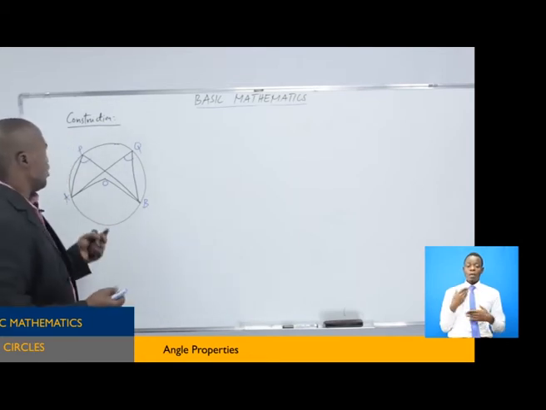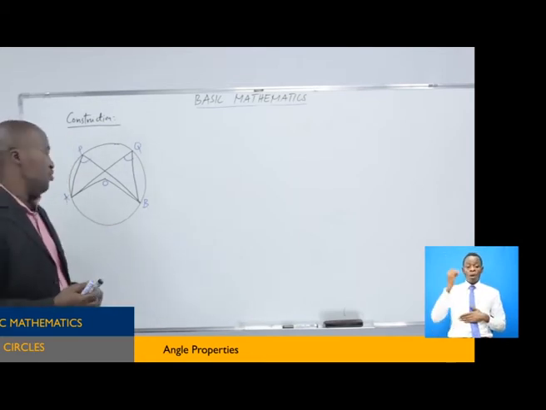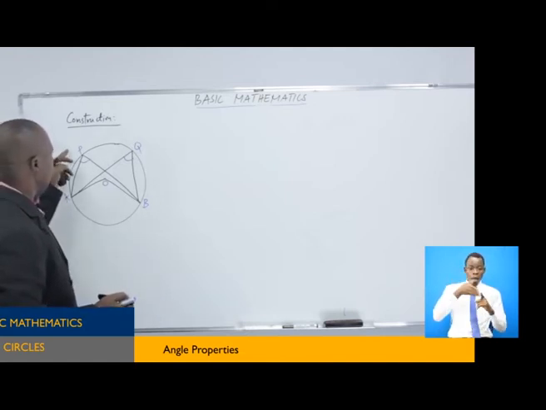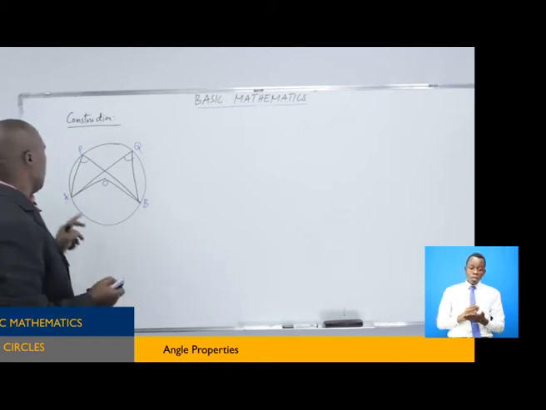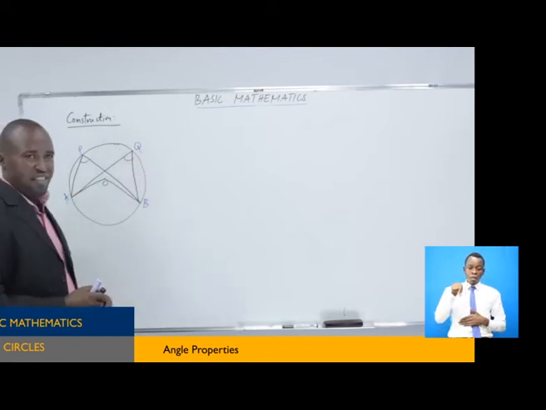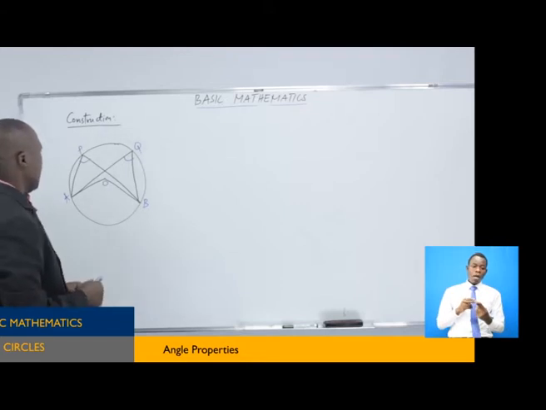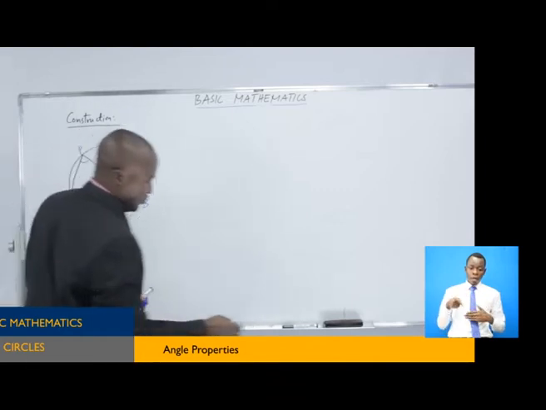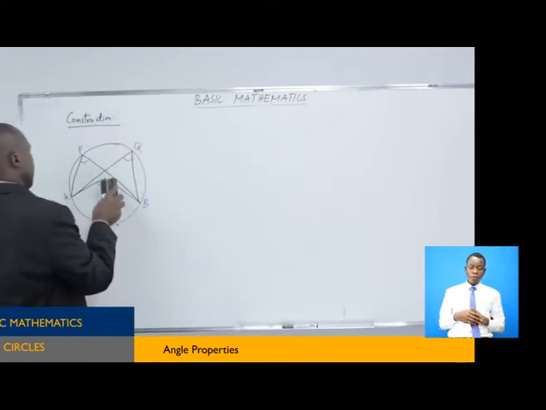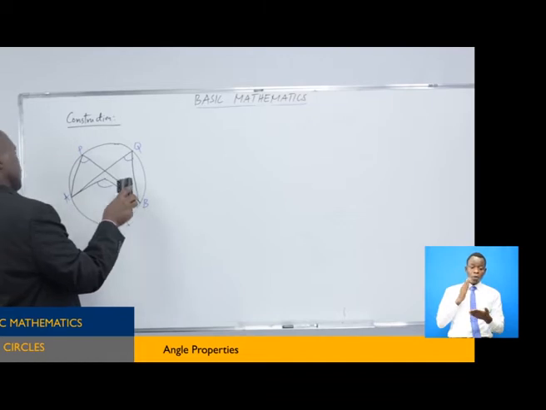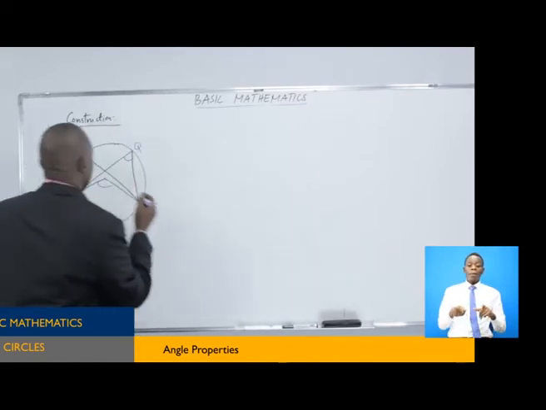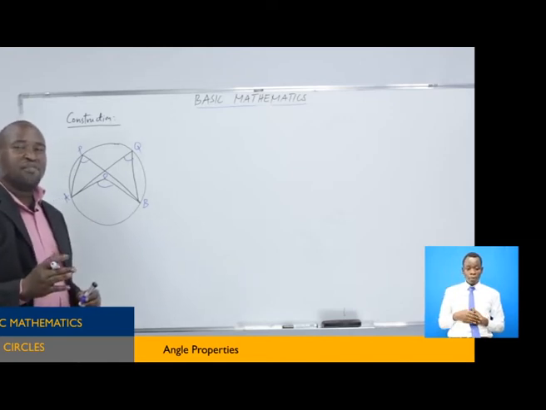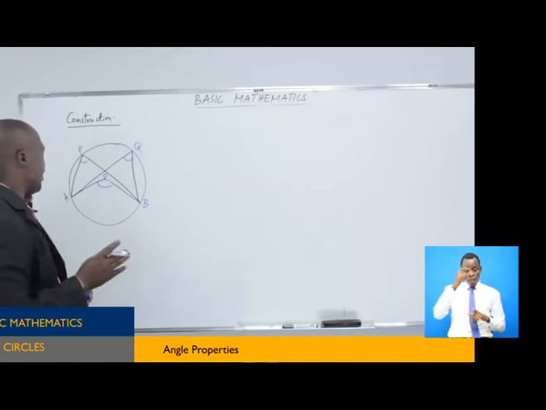So students, this is the construction of our circle. Remember, our interest is to prove that APB is equal to AQB. Now, in this case, remember, angle at the center is double angle at the circumference.